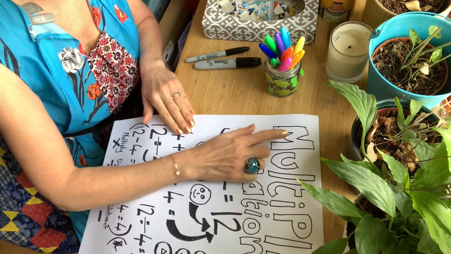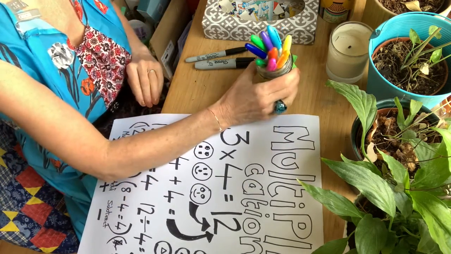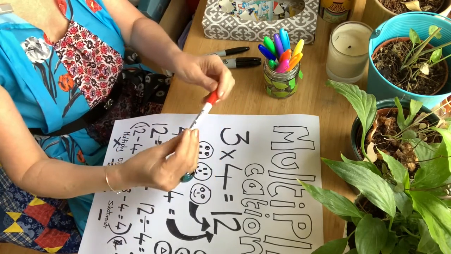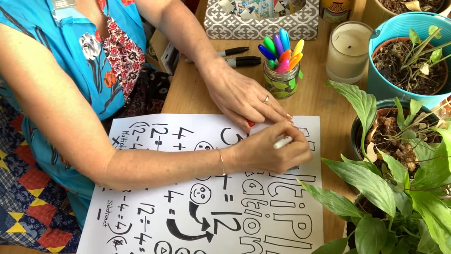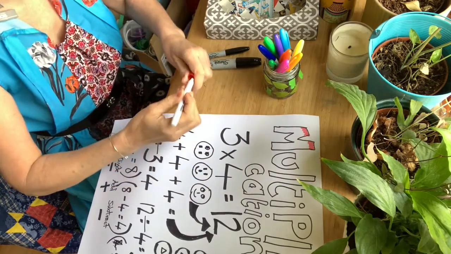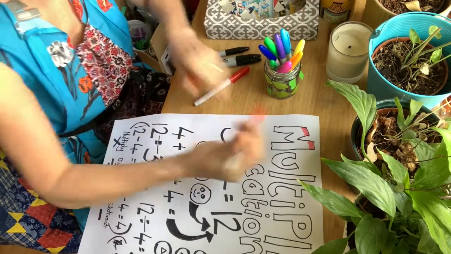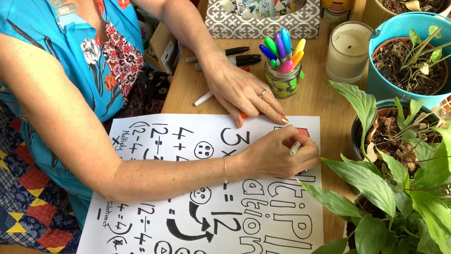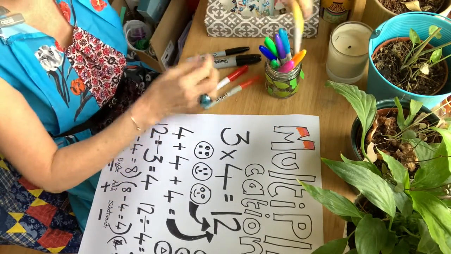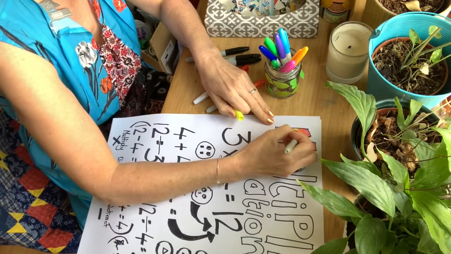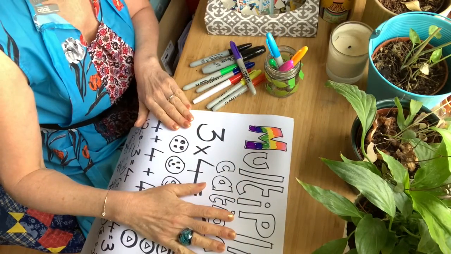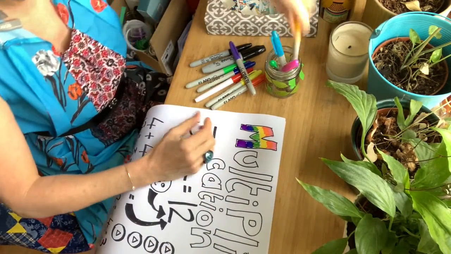So I'm going to start off with the M. I haven't got all the colours here. I've got a whiteboard marker here that I could use as well. So let's start off with this one and see how it goes. Make all the letters the same, or we could just go for something completely different.